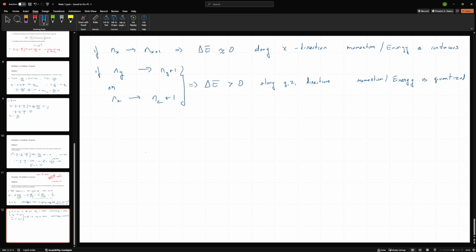So, from that, I can finally say E is equal to h bar squared kx squared over 2m star plus (ny squared plus nz squared) times ED.